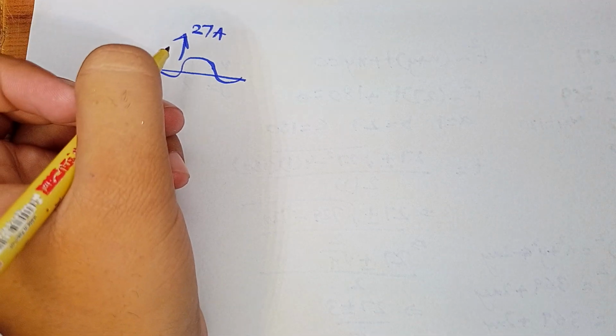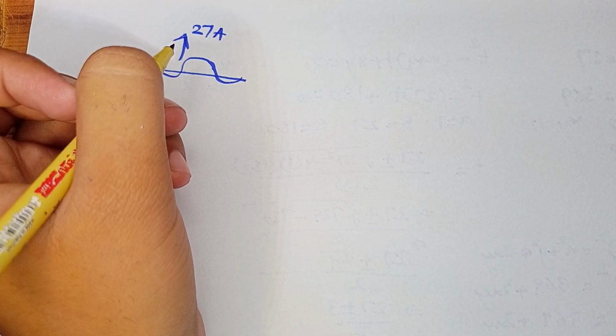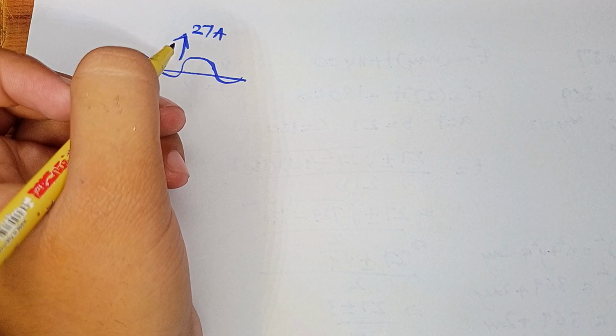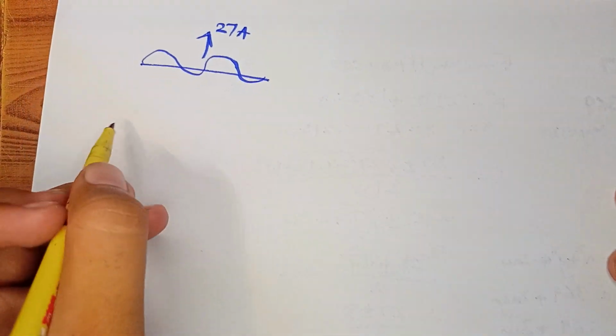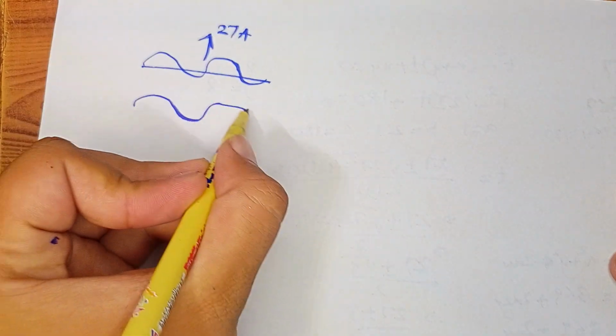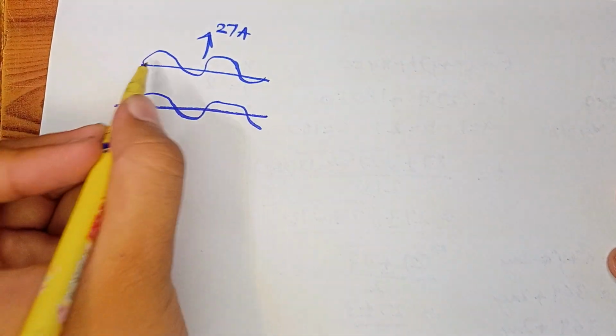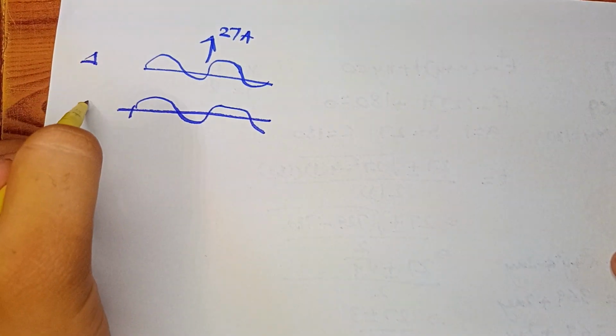Suppose 27 ampere. The sum of the squares of the individual branch currents should be 369. These are two branches: this is branch 1 and this is branch 2.